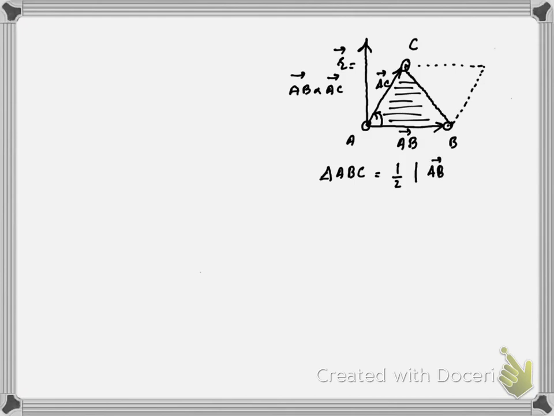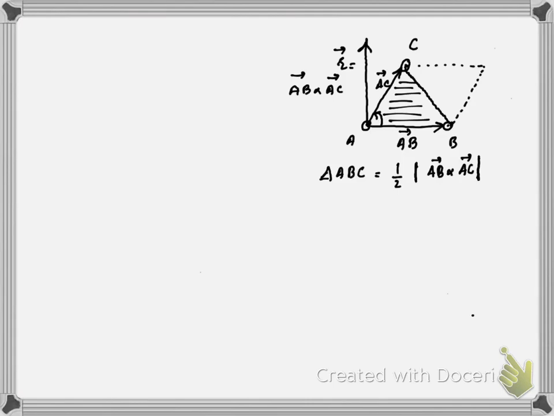Vector AB cross vector AC is perpendicular to the component vectors, and its magnitude is the area of the parallelogram. Half of the magnitude, the area of the parallelogram, gives us the area of triangle ABC.